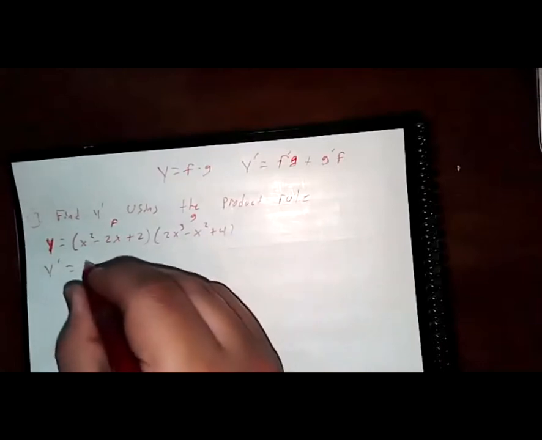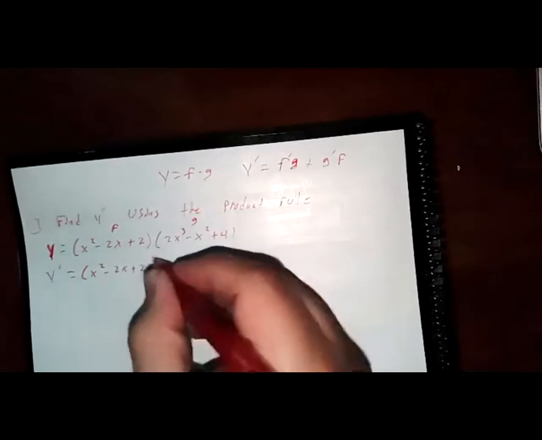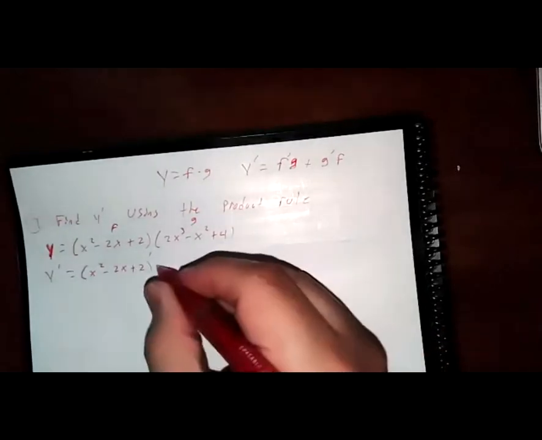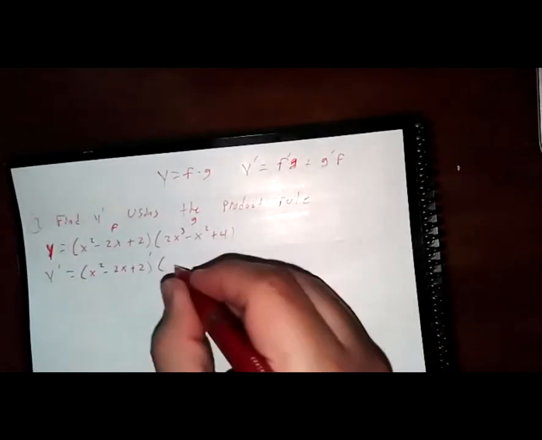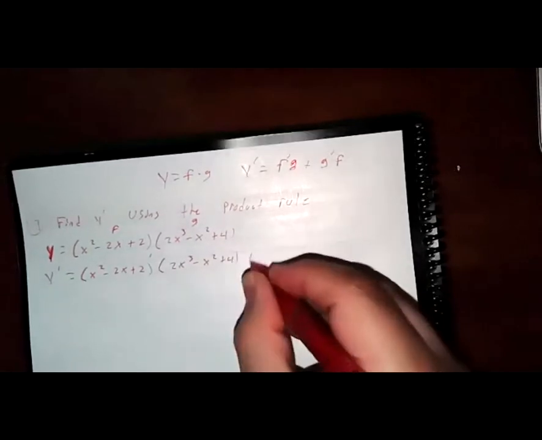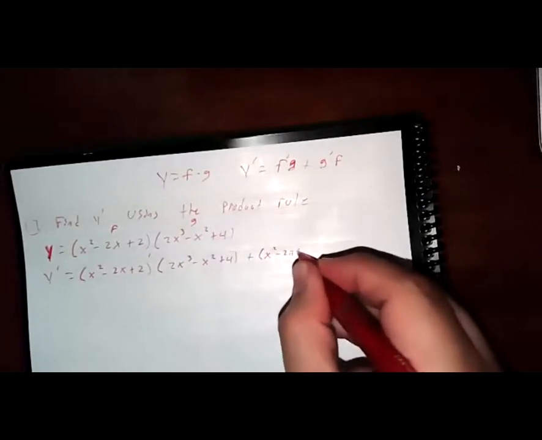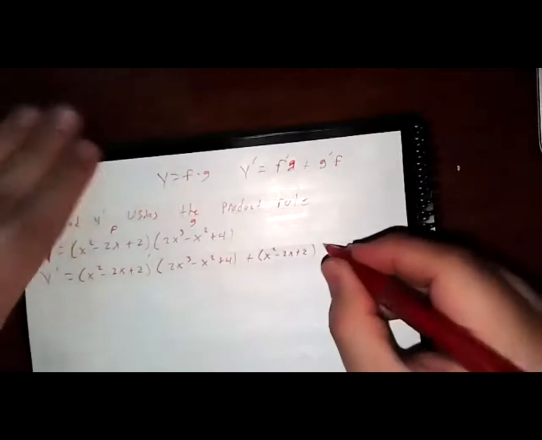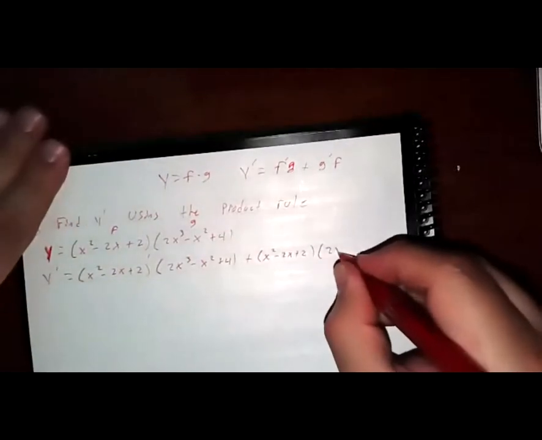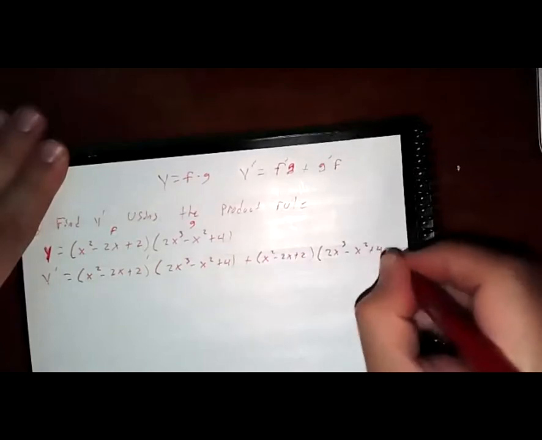Y prime will be the derivative of this guy. I'm gonna show the steps, but not actually do it just yet. So I'm gonna put a prime on there: this derivative times the second part, plus the first part times the derivative of the second part. Right?